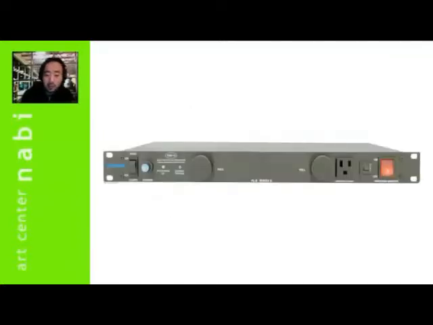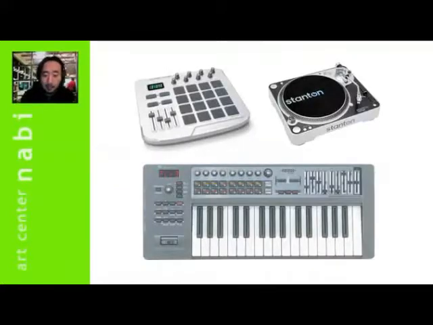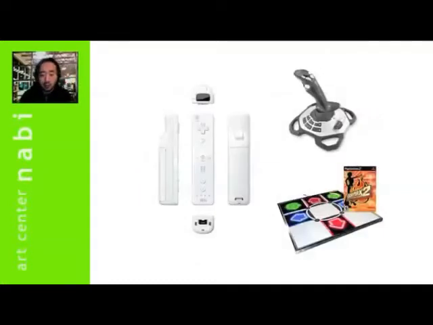Next slide, please. This is a power conditioner to smooth out the power. I have 2 or 3 of these, basically 1 for every circuit. The rest of the power we daisy chain together. Next slide. And to that we add musical interfaces, as well as gaming interfaces, which you see on the next slide.